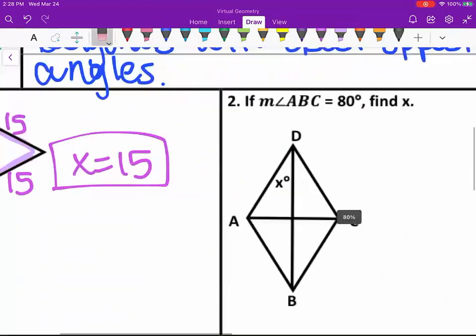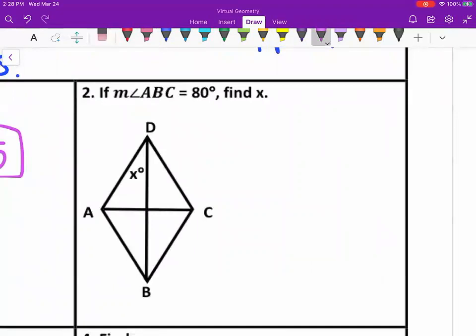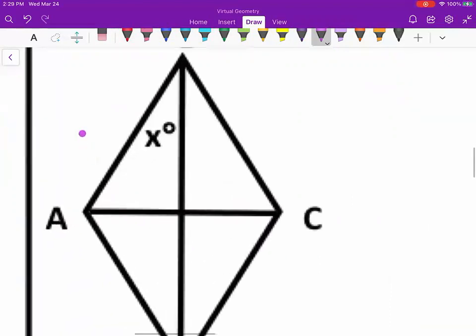All right, let's try example 2. This time the x is up in that angle D section, but it's only that one piece. So only this part is where the x is sitting. So one thing it tells me, again, is that I know with diagonals, all of these right here where they intersect are 90.